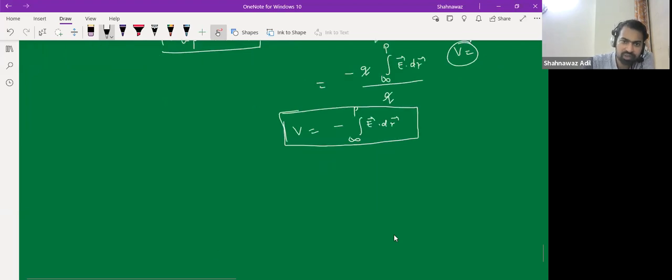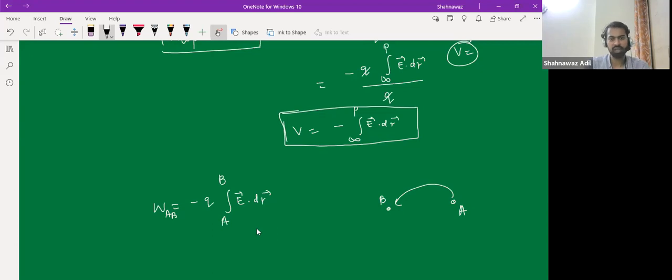Potential difference is work done in bringing a charge from a fixed point A to a fixed point B. So what would be the work done? This would be minus Q integral from A to B of E dot dr. Right, Aisha?